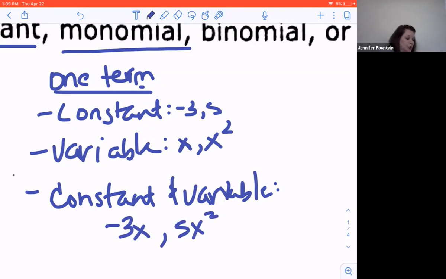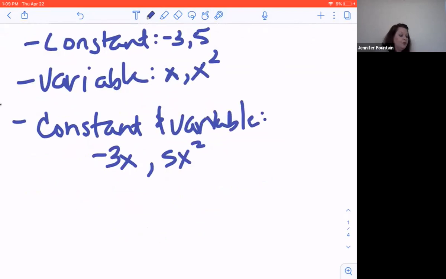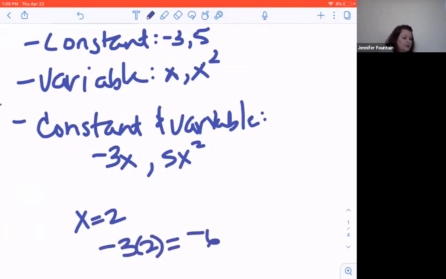It is one term. It can either be a number by itself, a variable by itself, or a variable with an exponent, or it could be a number and a variable stuck together. When those two are stuck together, remember my operation is multiplication. -3x means that if I knew that x was 2, then I could plug it in, and -3 times 2 would be -6.